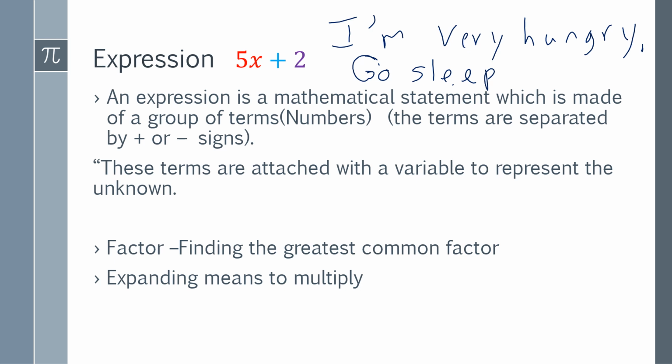Because of course, you don't really use the word sentence when you talk about mathematics. So expression, incomplete statement, which is made of groups and terms of numbers which are separated by operations, plus, minus, any operation signs you could think of.